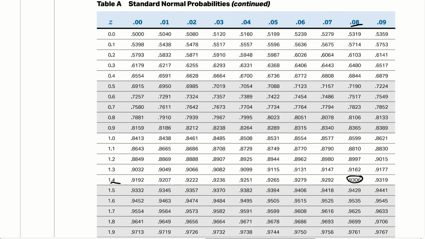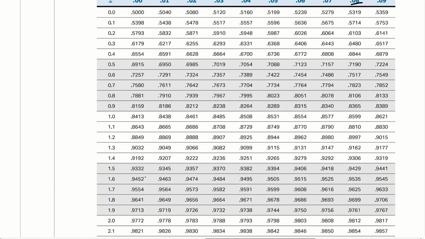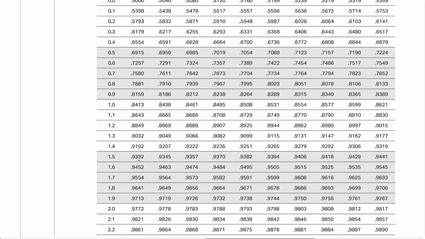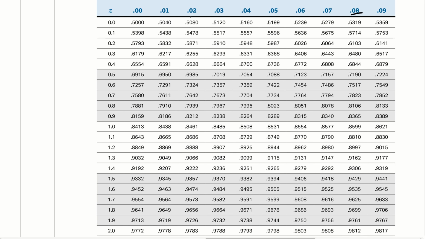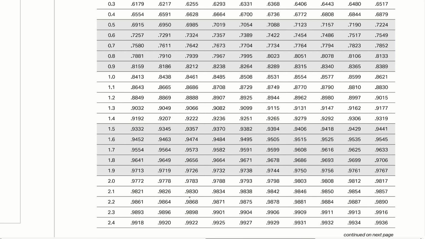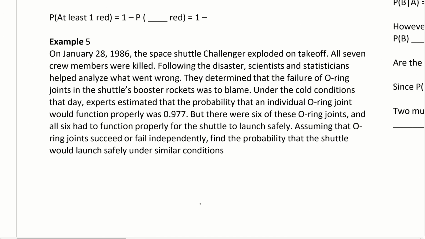So 1.48 gives us an area of 0.9306. And then let's look up 2.22. That's going to be right here, 0.9868. So then we're going to subtract those two values, and that will give us the probability we are searching for, okay?